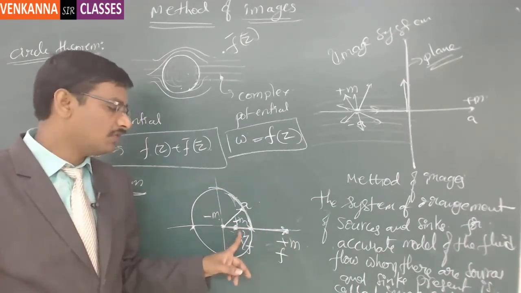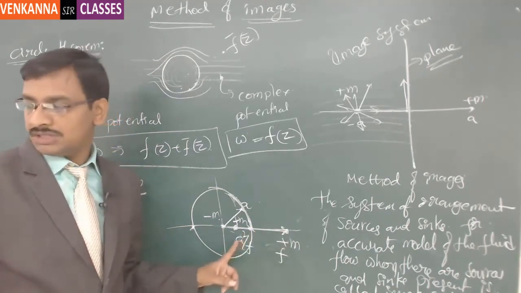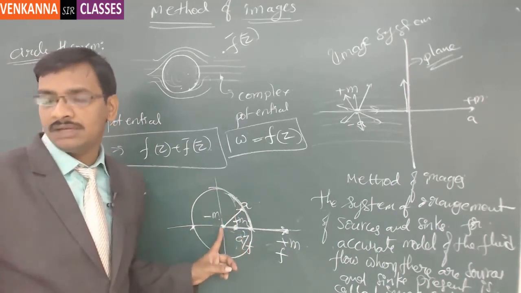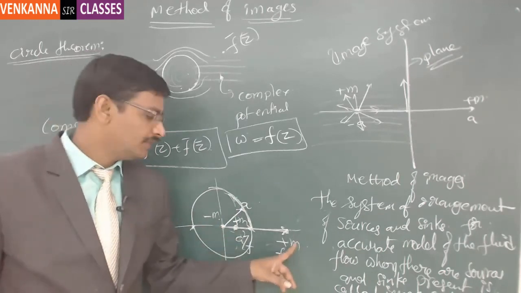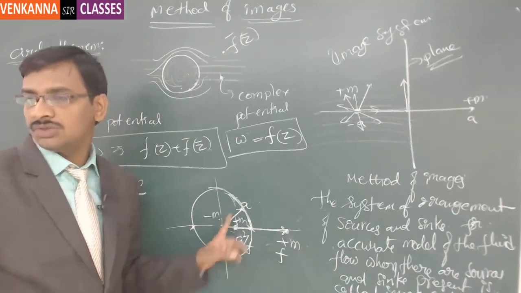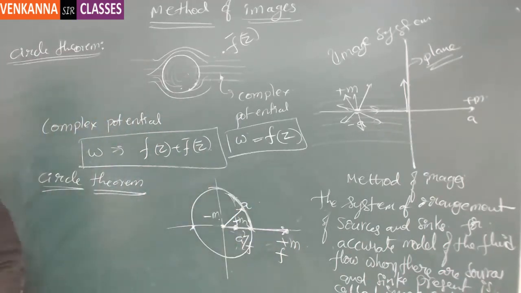This counterpoint will be a square by f. So this location is f and this location is a square by f, where a is the radius. And one sink has to be exactly at the center. Got it? So this is what we call the circle theorem. You can note this down.